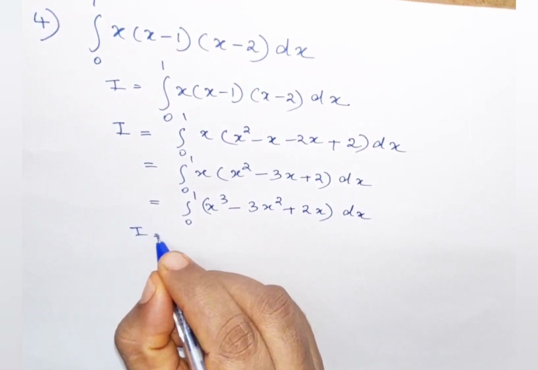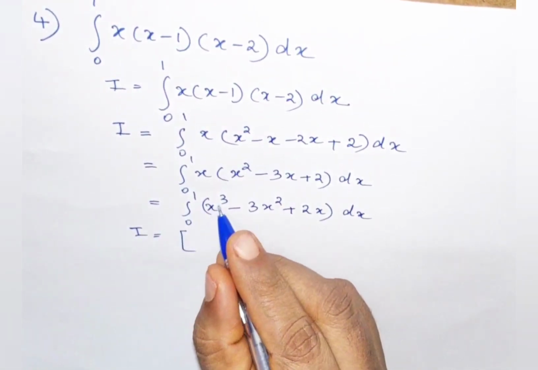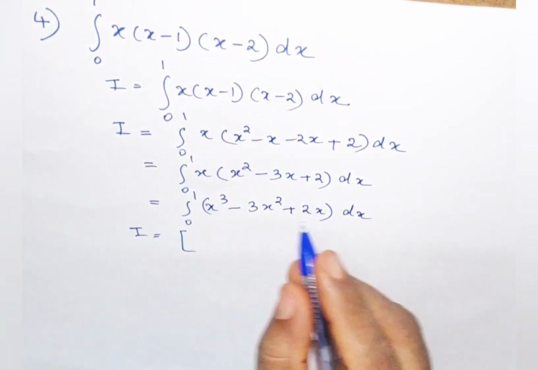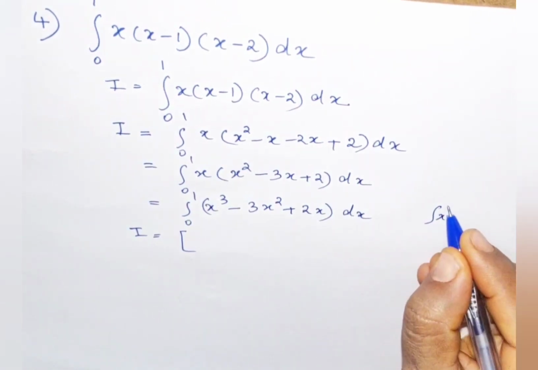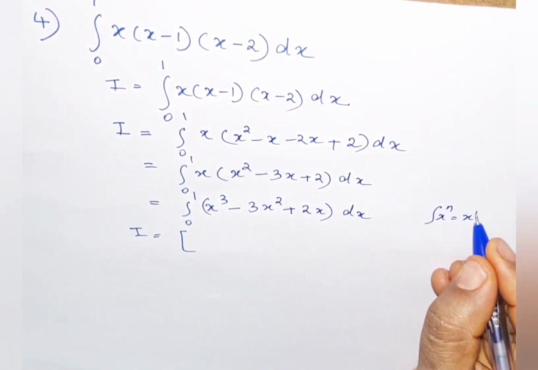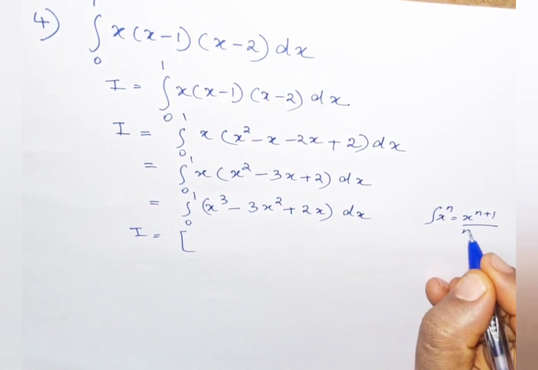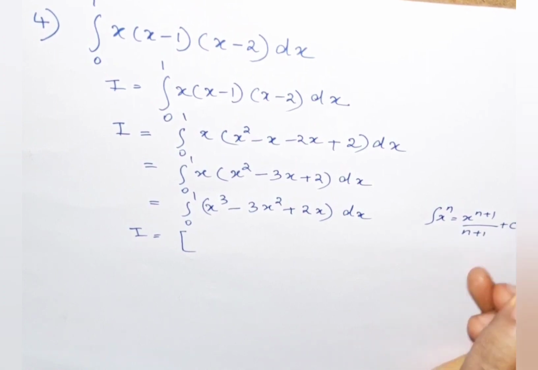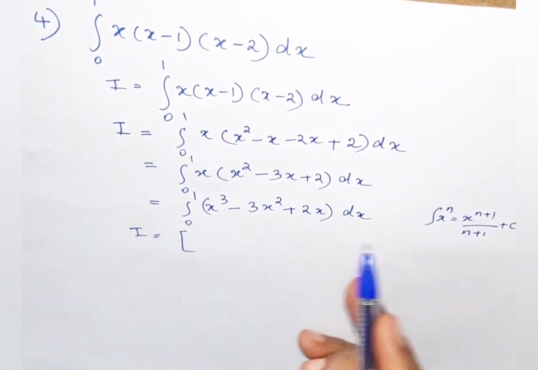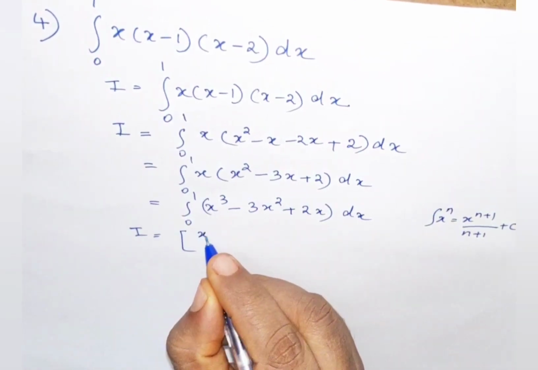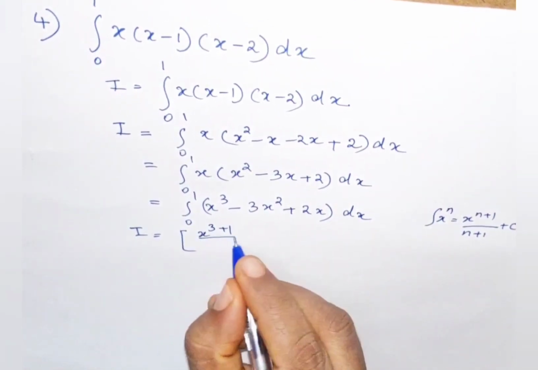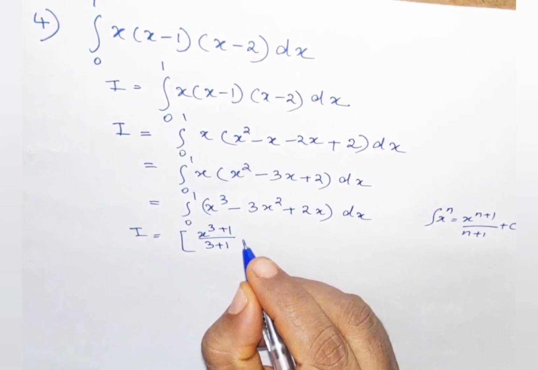Now our x^3 is of the form integral x^n, so we can apply x^(n+1) by n+1. The formula is integral x^n equals x^(n+1) by n+1 plus c. So this we are applying to x^3. Our x^3 becomes x^(3+1) by 3+1.